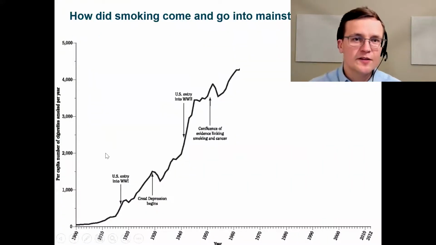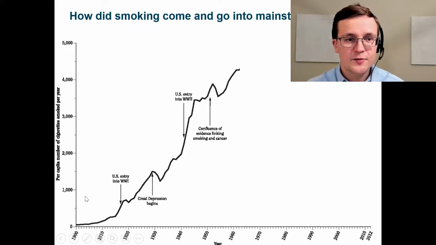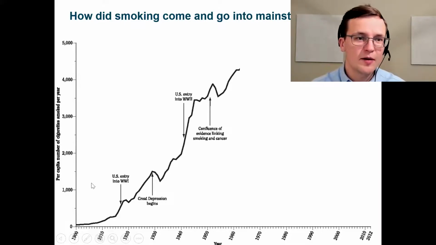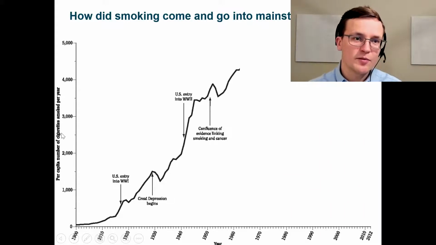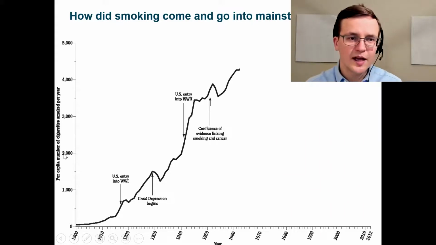Smoking rates went up dramatically in the first half of the 20th century from almost zero smoking. This was recorded as how many cigarettes are smoked per year, per capita, to very high levels in the 1960s, around 4,000 cigarettes per capita per year.